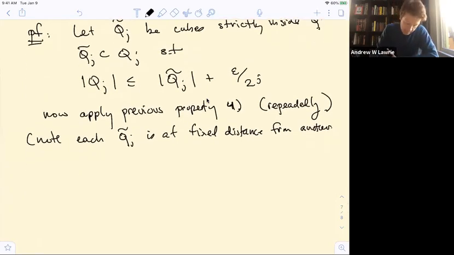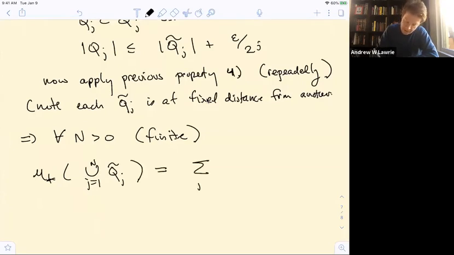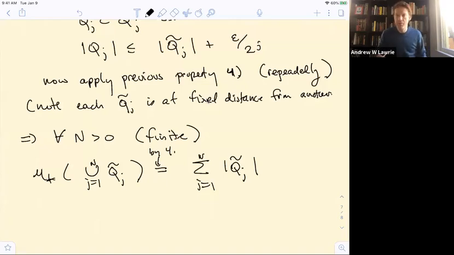So for every n bigger than 0 but finite, it's important that we do this with finite numbers of these, mu star of the union from J equals 1 to n of the QJ twiddles is equal to the sum from j equals 1 to n of the QJ twiddles. This is by a previous property we proved.